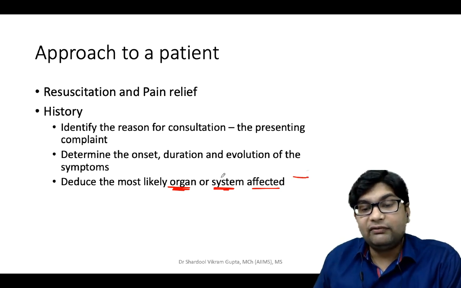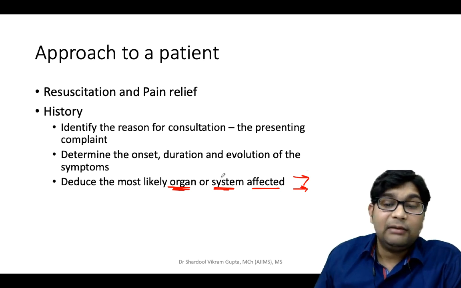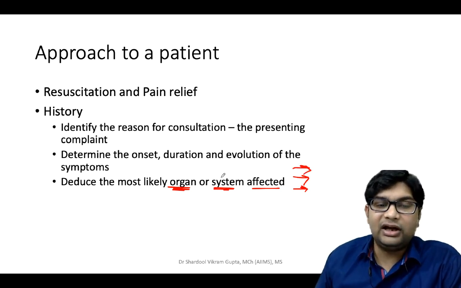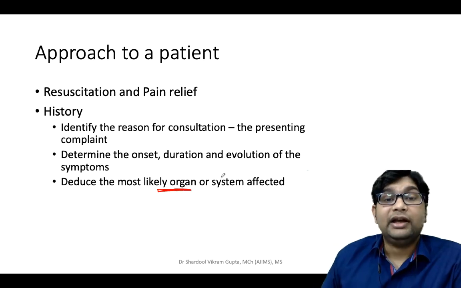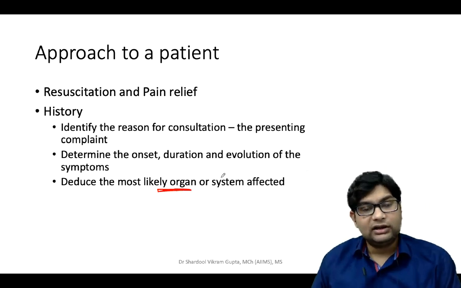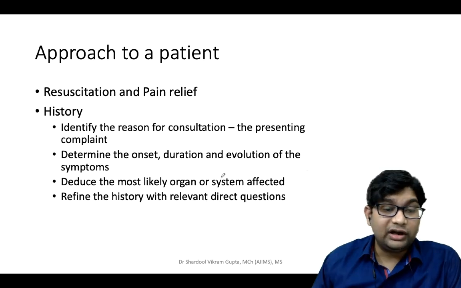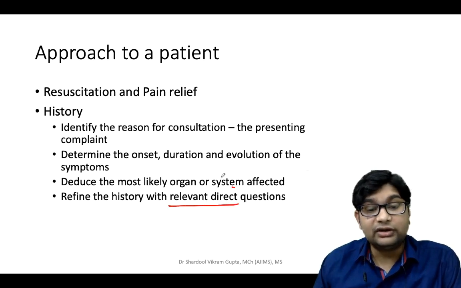But if the patient is giving a history that I am having bowel disturbances, I am having recurrent diarrhea and all these things, then you should suspect that the likely organ may be the hepatic flexure of the colon rather than the liver. Then you should refine the history with relevant direct questions.